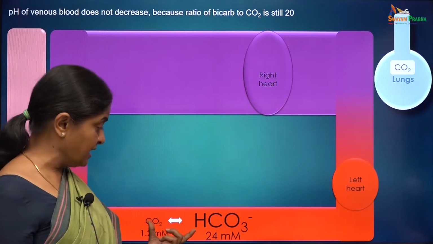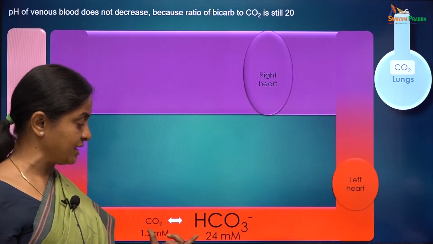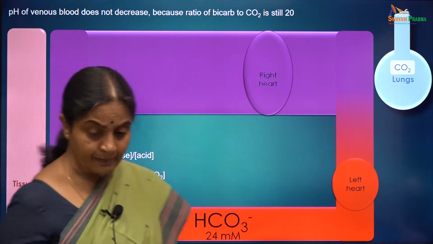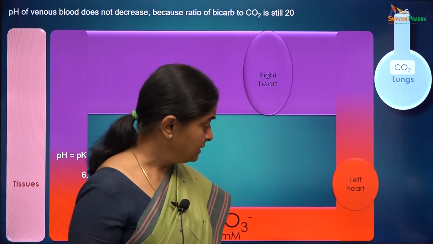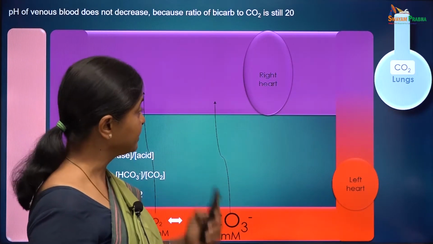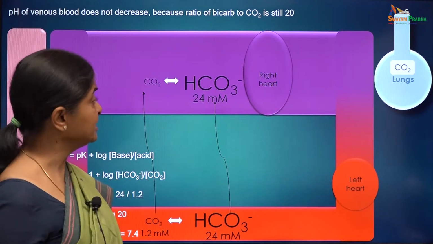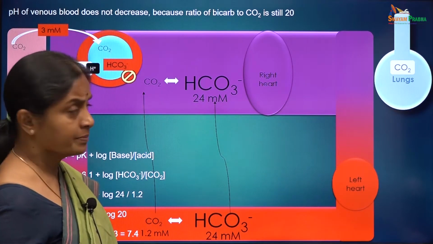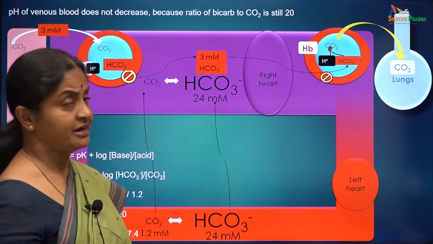So, in arterial plasma, pH was 7.4 because the ratio of bicarbonate to carbon dioxide was 20, as per the Henderson-Hasselbalch equation. These two substances will reach the venous blood as well. However, in venous blood, because of the reactions within red blood cells, some more bicarbonate was added.